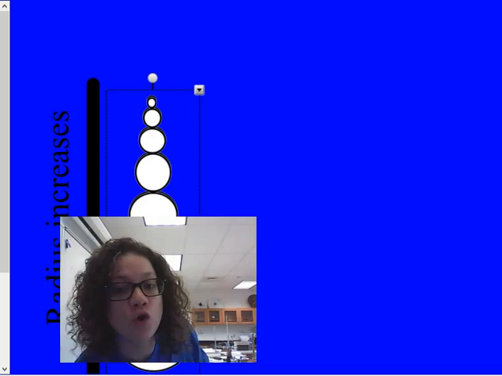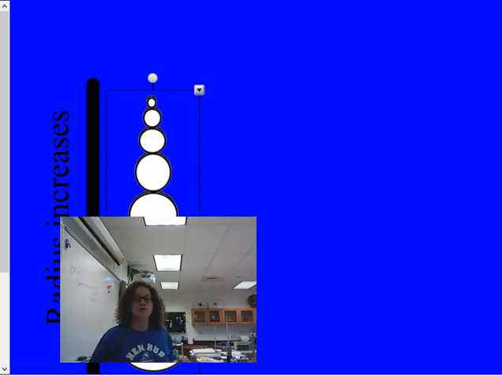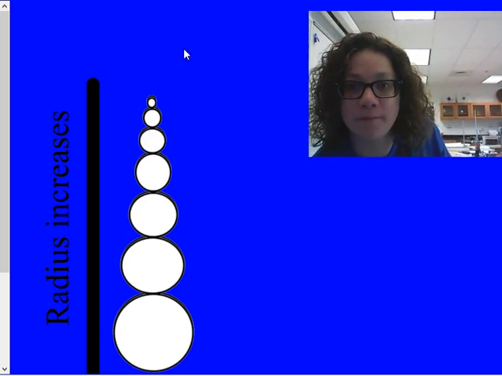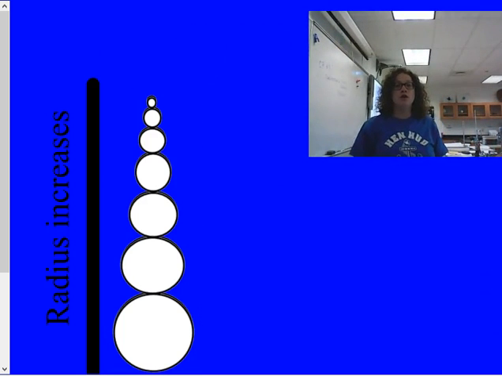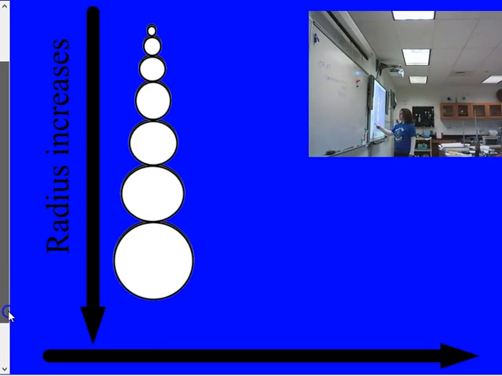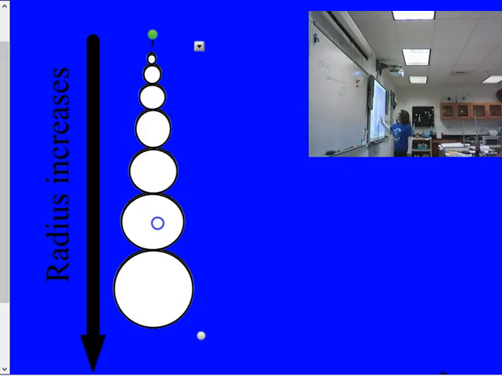So, we can think of this trick. So here's our atomic radius. As you go down a group, the radius is going to increase. But as you go left to right, it's like the snowman falls down.